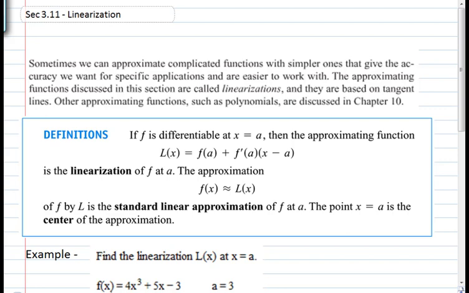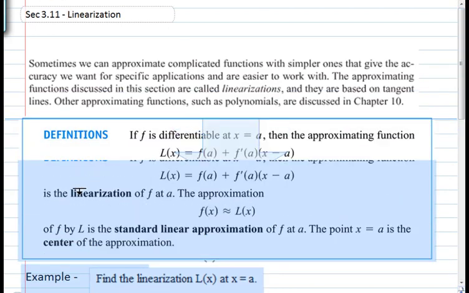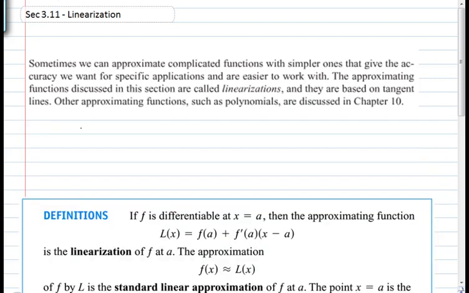So this comes from the point-slope formula of a line. Do you remember the point-slope formula of a line? Because it's been so long since algebra, I'm probably going to remind you.